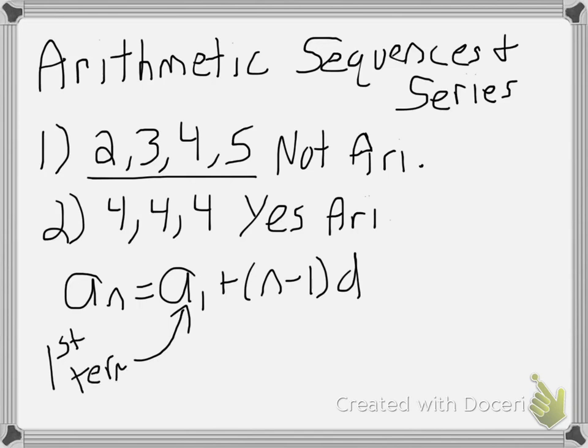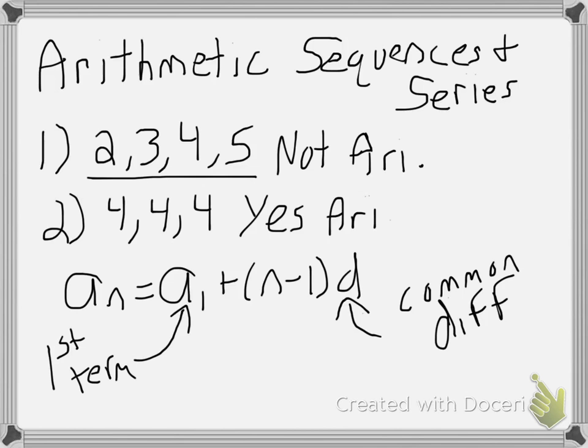This is kind of like a recursive formula used to find an explicit formula. D here is the common difference. So like in number 2, where you've got 4 over and over again, 4 would be your d. That is the common difference.